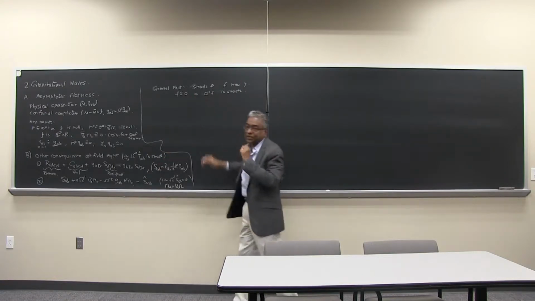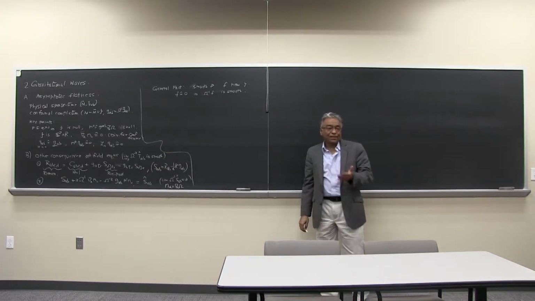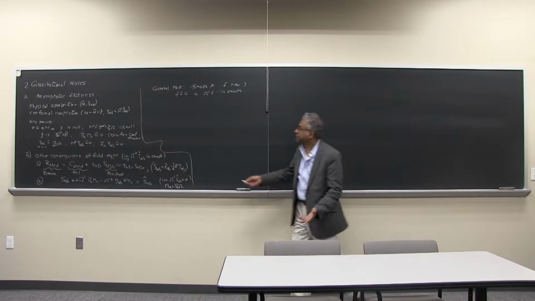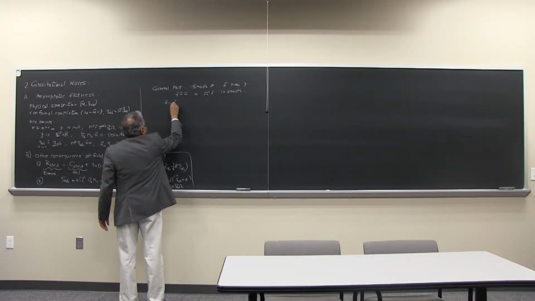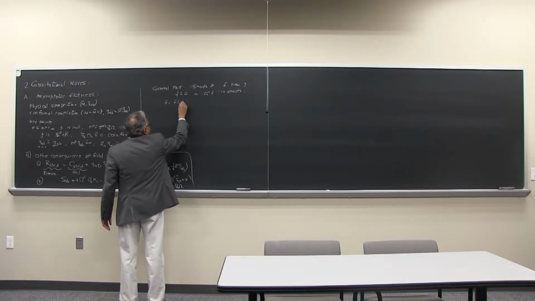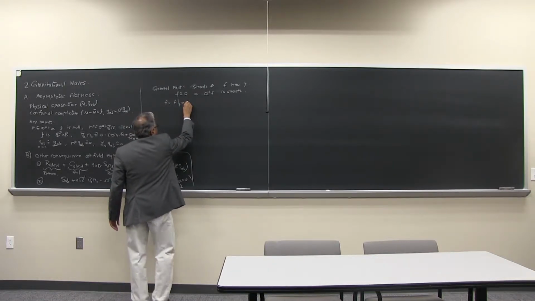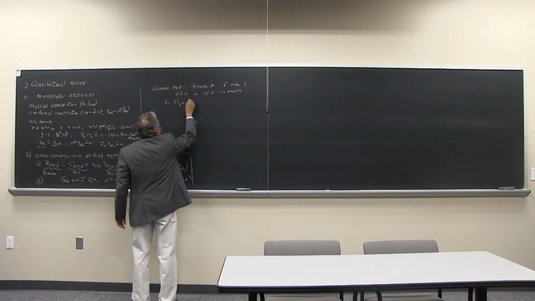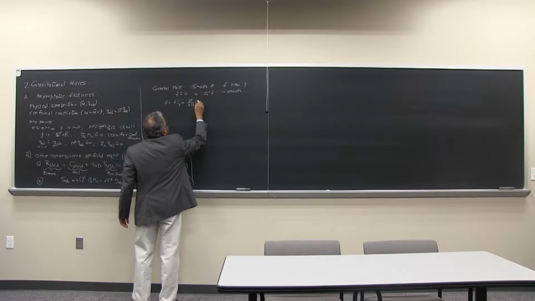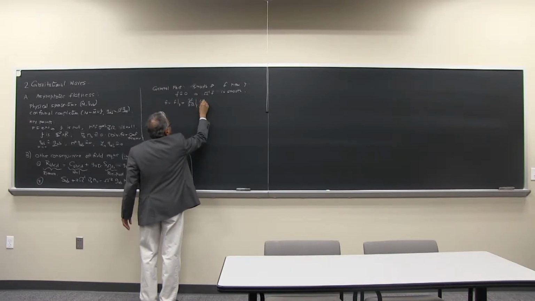So if something vanishes, then in the Taylor series expansion of f, normally I'll get f at scri plus some derivative, df by d omega at scri, times omega minus 0, omega equal to 0 at scri.